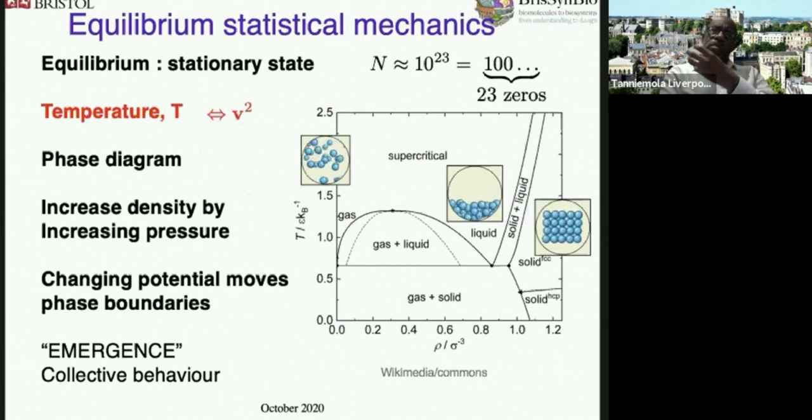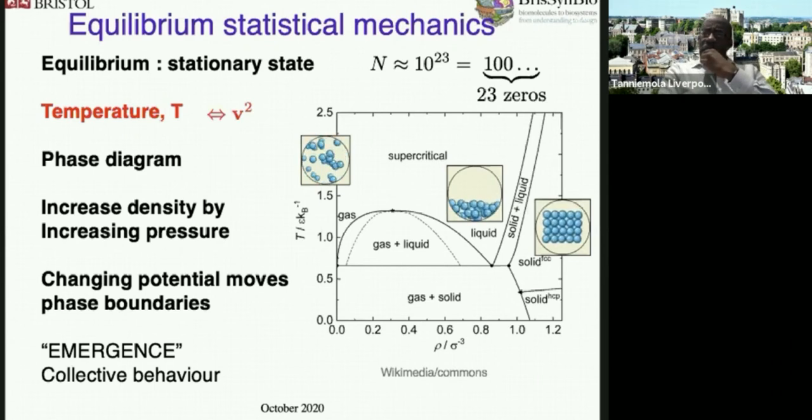First, the temperature of stuff is related to the velocity of the particles. It's in fact the velocity squared. The higher the velocities, the higher the speed of the particles, the higher the temperature.